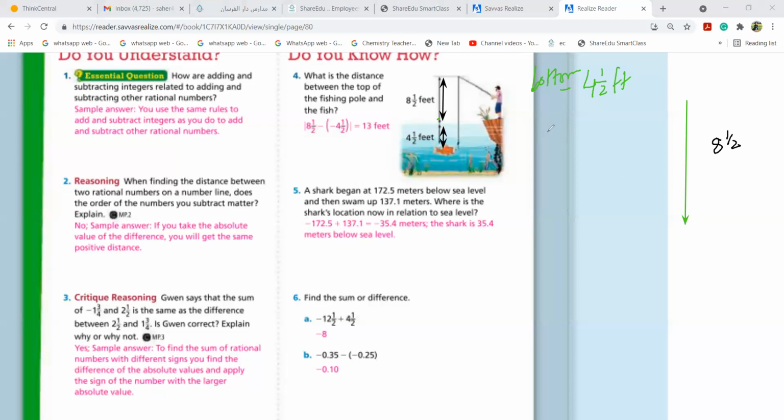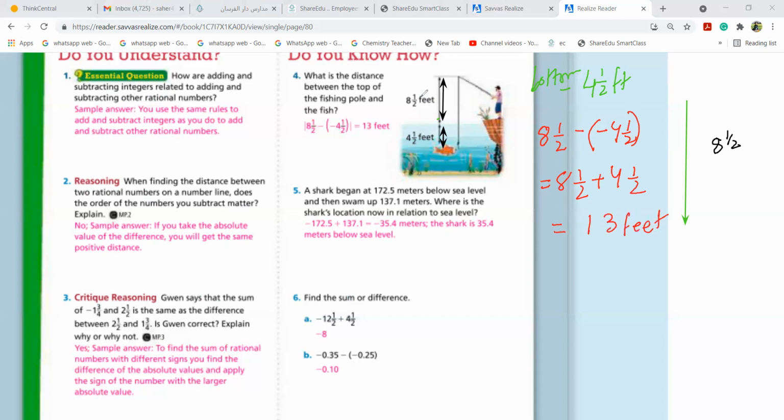Miss, will it be 13? Yes, 13. They wrote 8.5 minus of minus 4.5, so of course this is 8.5 plus 4.5, and it is 13 feet.